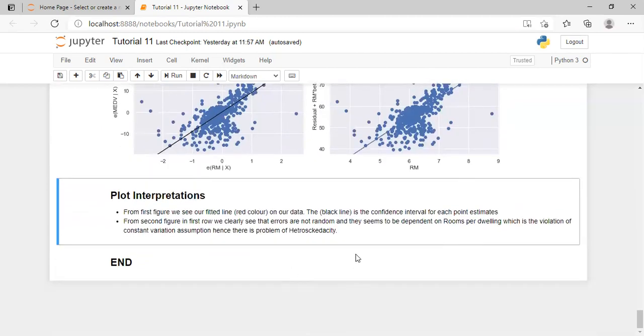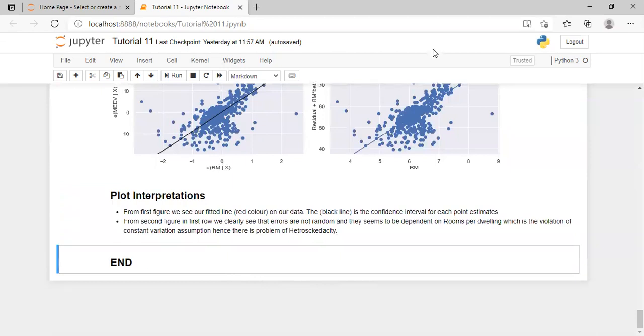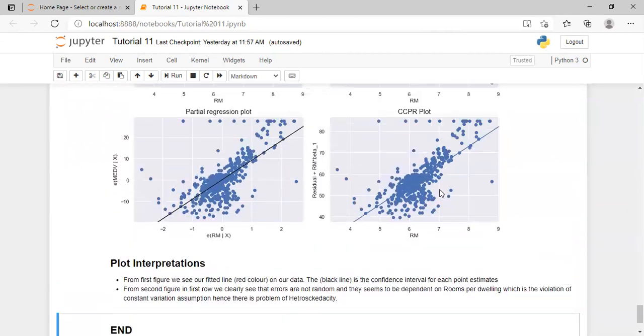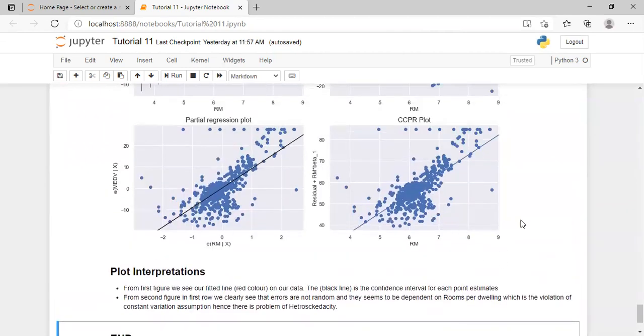I hope you got an understanding of regression, because it is a very much used tool in industry, and many of the problems in data science and econometrics are tested using regression. In finance also, most of the time we are performing regression.